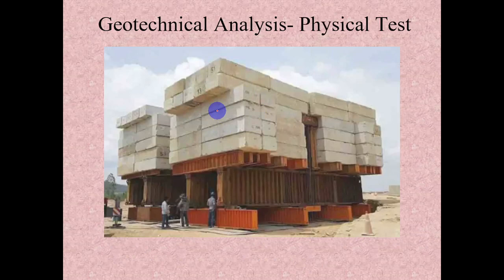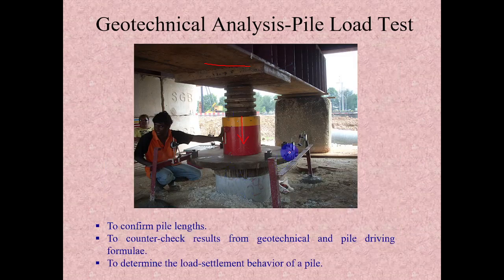Suppose we want to apply an estimated load of approximately 5000 kilonewton, this reaction block will be 2 to 2.5 times that, based on the factor of safety. Here, many strain gauges are fixed to measure the settlement of the pile.